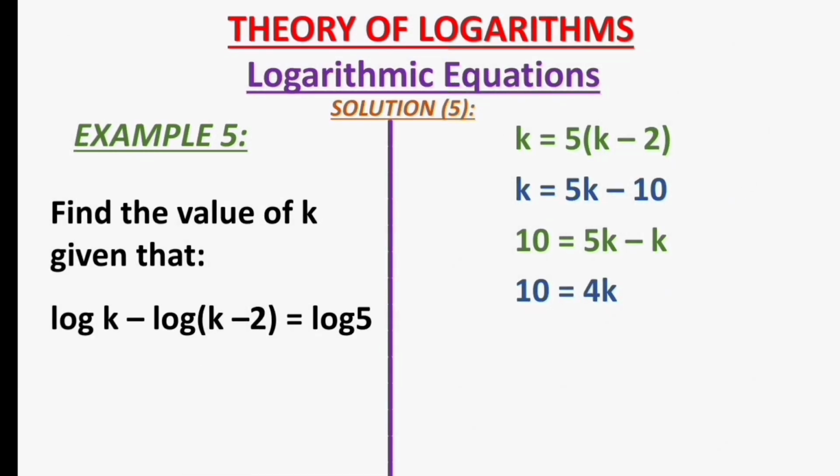For k is equal to 5 into (k minus 2), removing the bracket, we have k is equal to 5k minus 10. Collecting your like terms for k, we have 10 is equal to 4k. Dividing both sides by 4, the value of k is equal to 2 whole number 1 over 2. I hope you got that right.